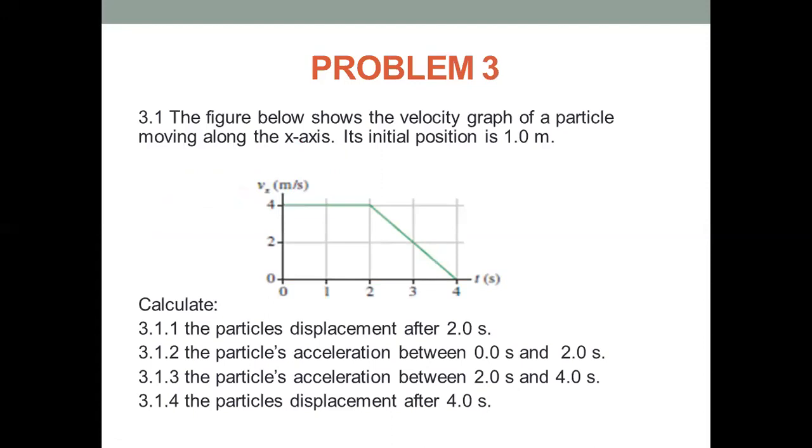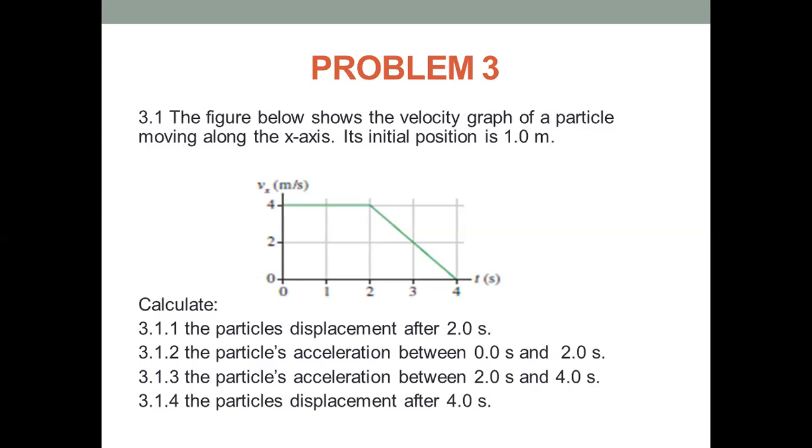It says the figure below shows the velocity graph of a particle moving along the x-axis. Its initial position is 1.0 meters, which means at time equal to 0 seconds the position of the particle is 1.0 meters.